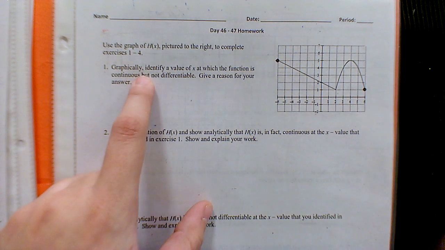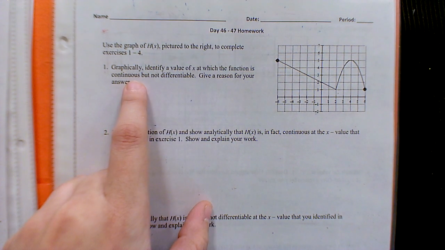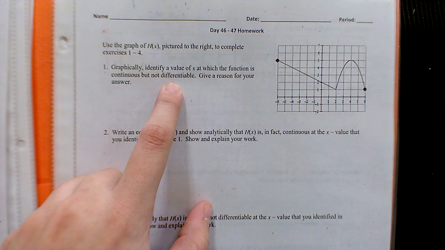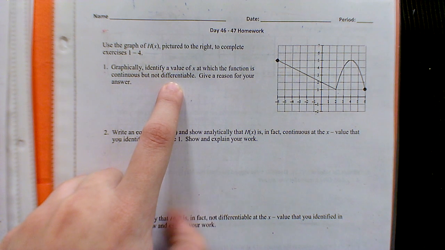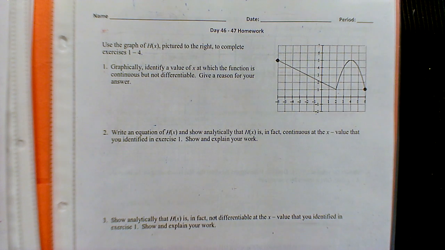If you take a look at that graph, can you identify some values for x for which the graph is continuous but not differentiable? Where you can draw it without lifting up your pencil, where there's no hole, no jump, no asymptote, but the derivative doesn't exist? Yeah. X equals 2.